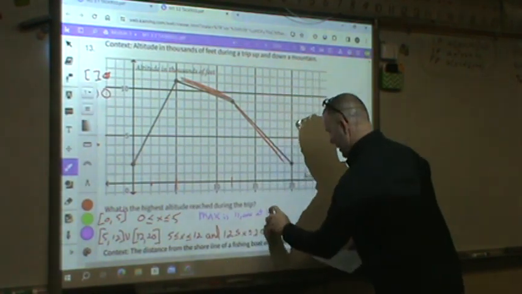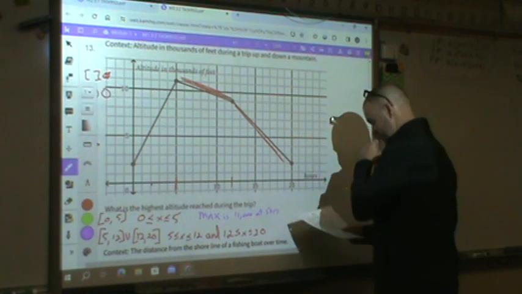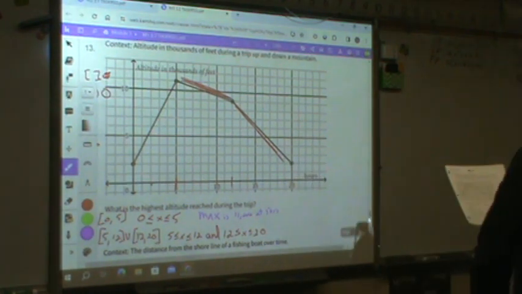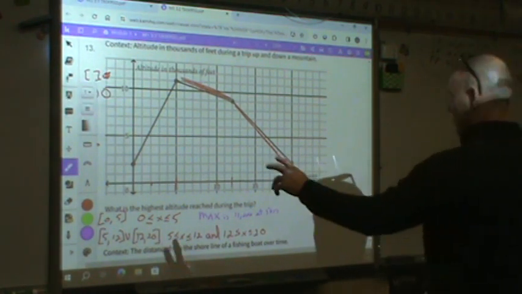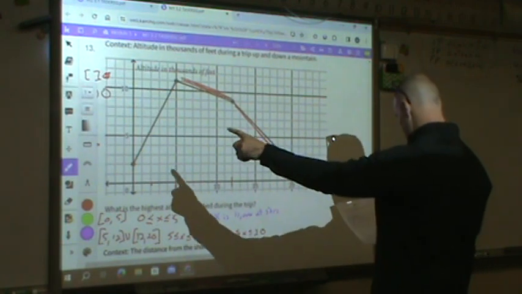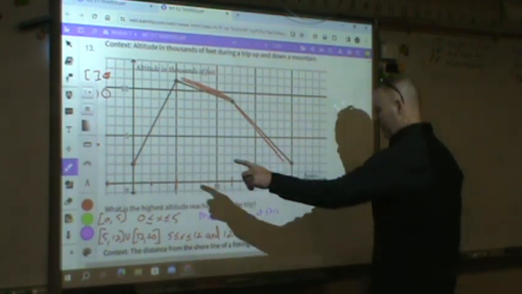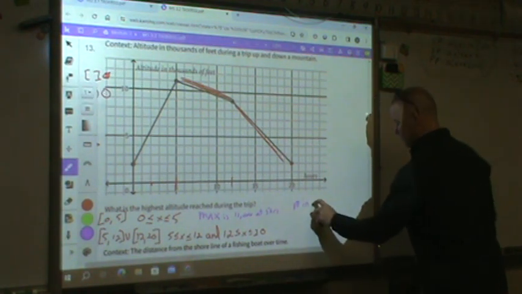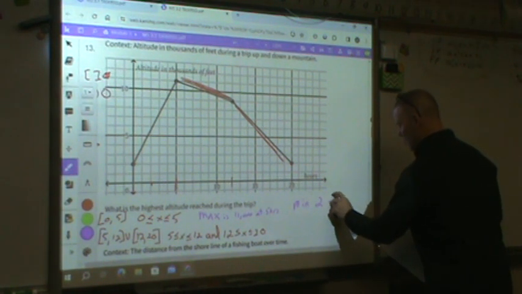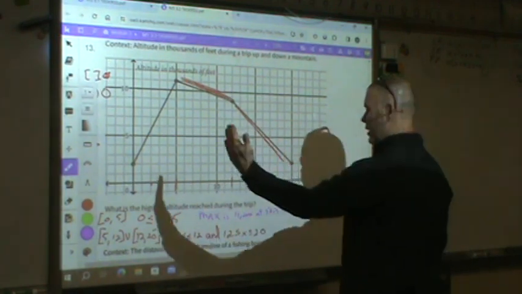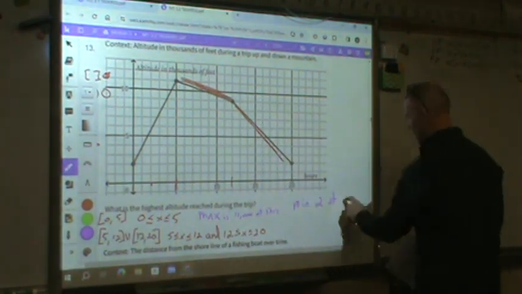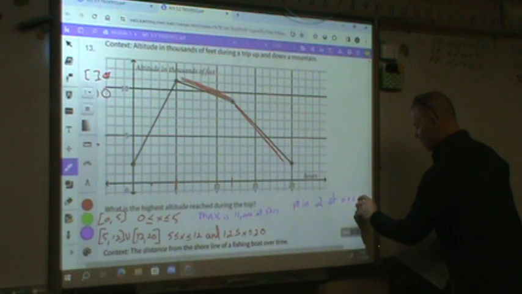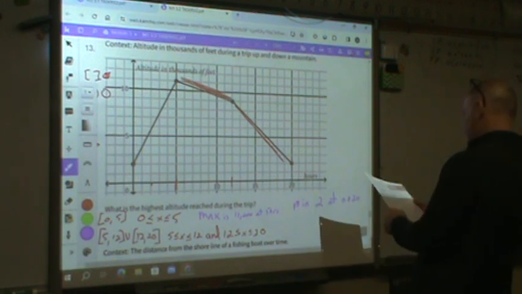At 5 hours. Okay? What is the minimum? The minimum is 2. So we have a maximum, and then we have a minimum. Minimum is 2 at two different points. That's going to be at 0 and at 20. That's where your minimum is.